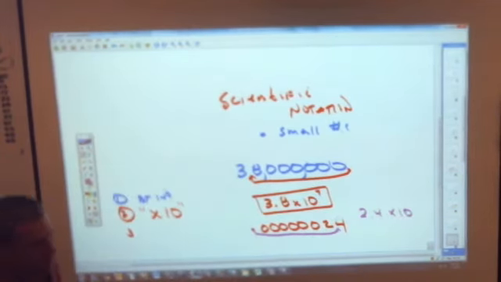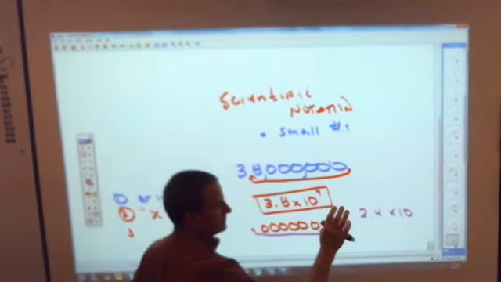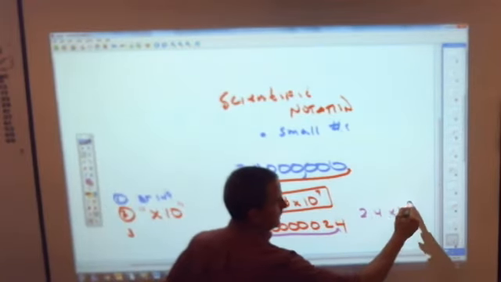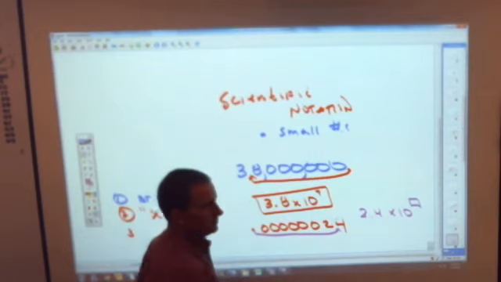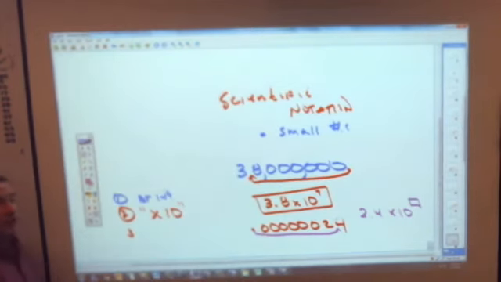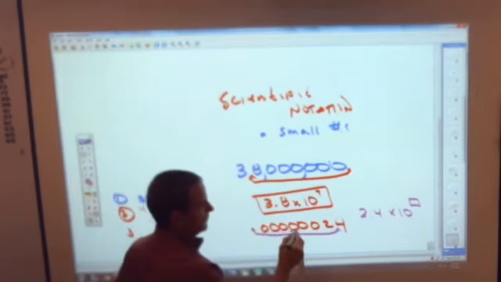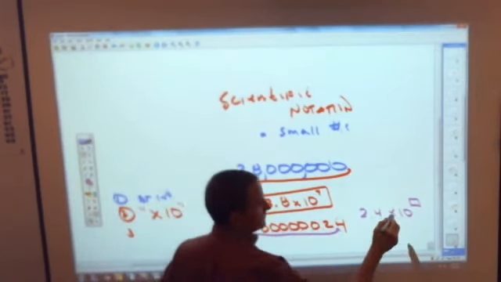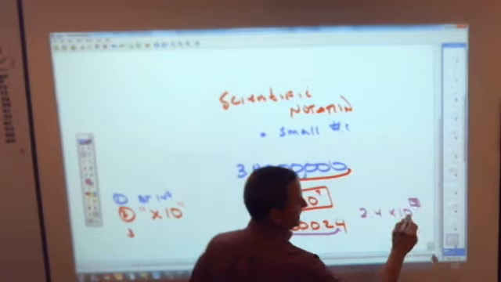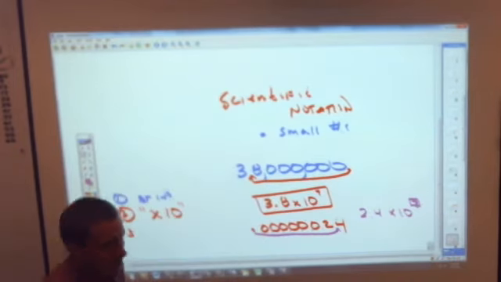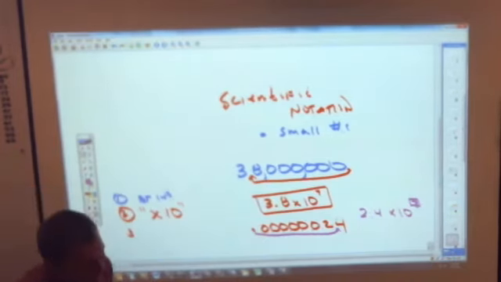But to get my exponent there, I still do the number of places I move the decimal, which happen to be what? 1, 2, 3, 4, 5, 6, 7. But guess what? It's not 10 to the 7th, but it is 10 to the negative 7th.